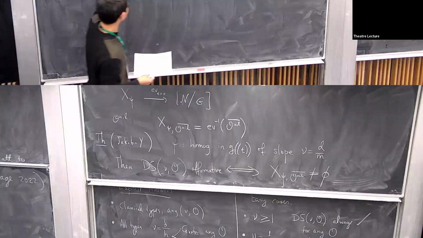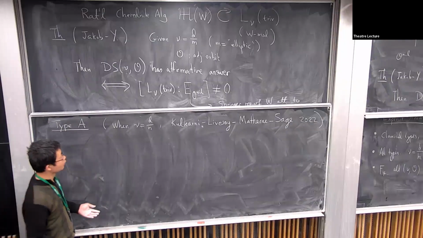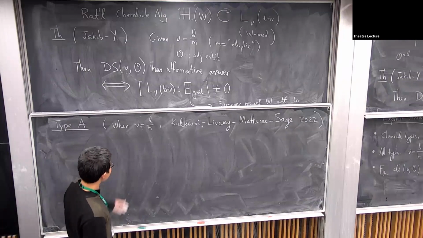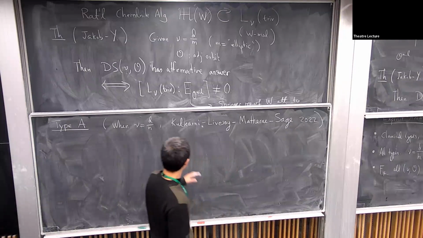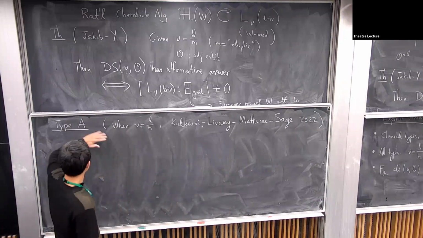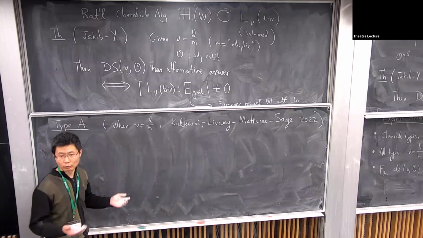They actually write down connections, so it's more explicit than the answer we give. But we are dealing with more general groups and more general slopes.